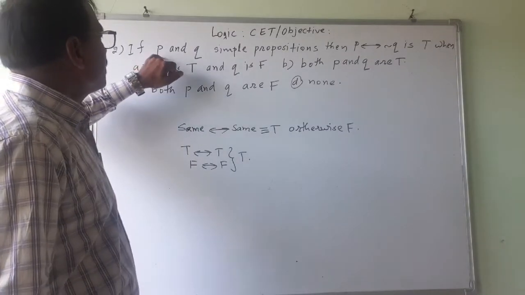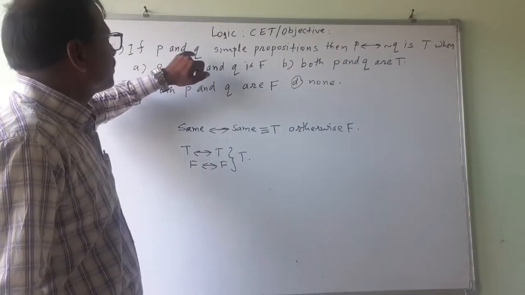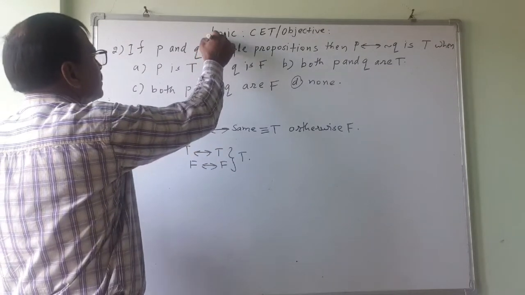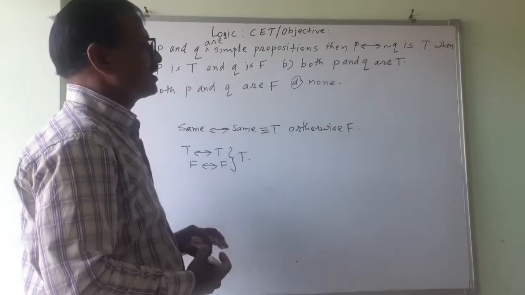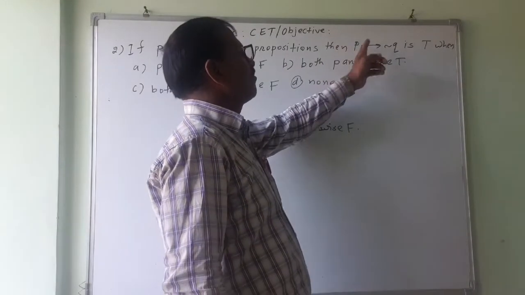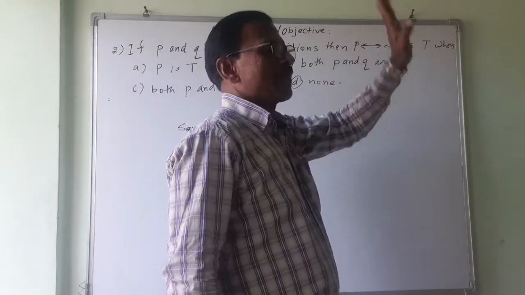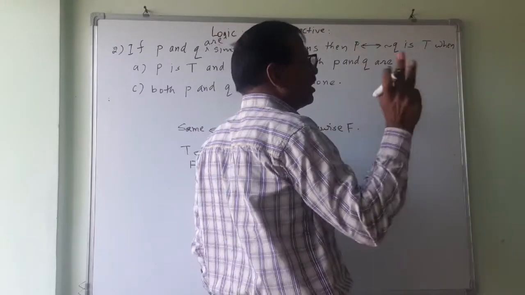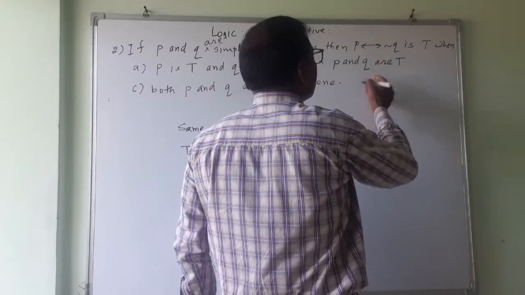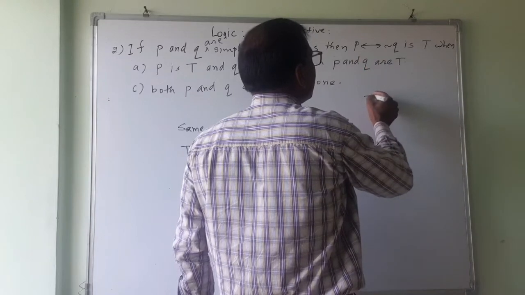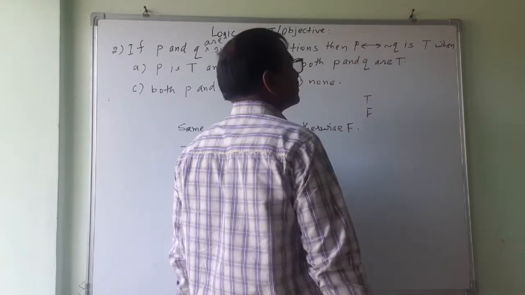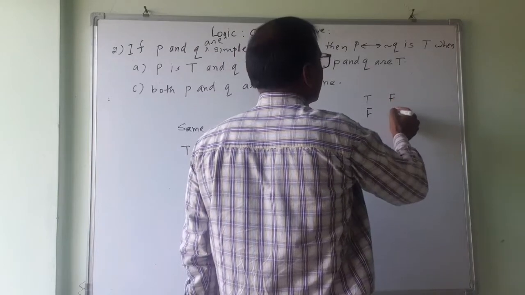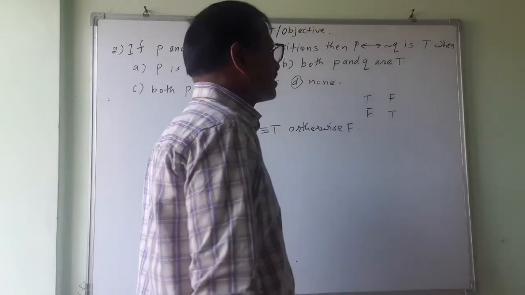So if P and Q are the simple propositions, means the statement, then P double implication negation Q is true. Means what they want is P double implication negation Q should be true. Means what is the value of P? T, F. Negation Q, that can be F, T, whatever it is.